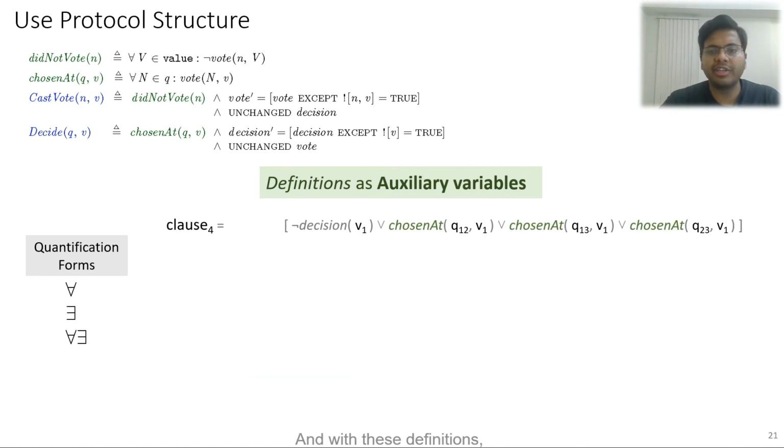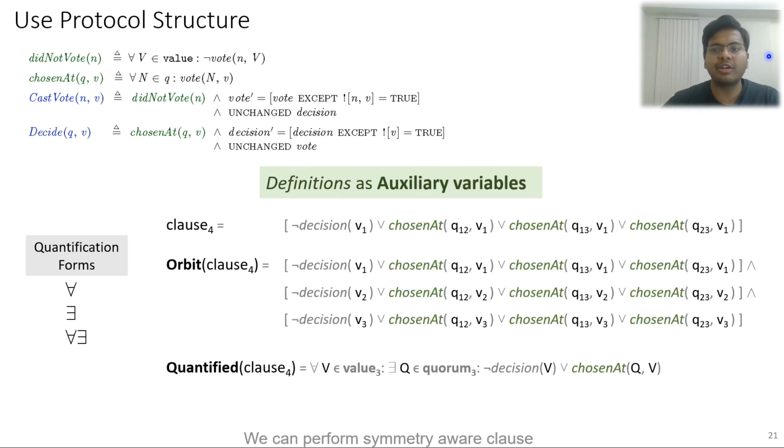And with these definitions, now suppose we have clause 4 as shown here. It has both state variables as well as auxiliary variables. We can perform symmetry-aware clause learning with any quantification form as per the requirements of the problem by exploiting the already present structural information.